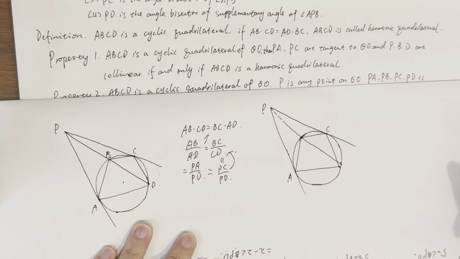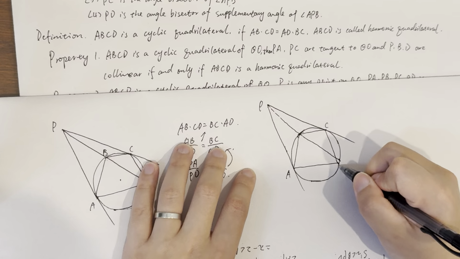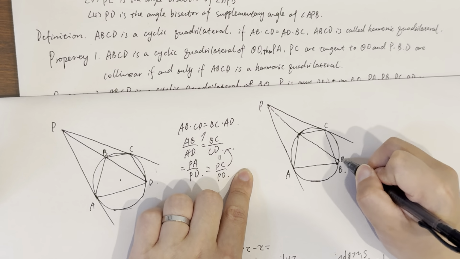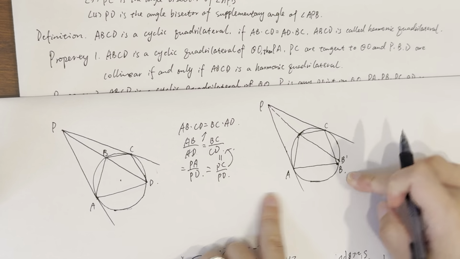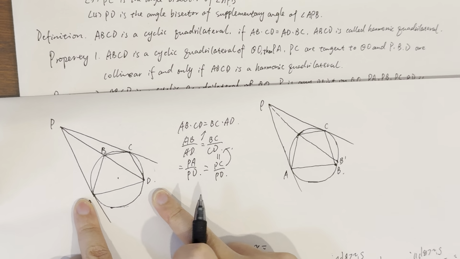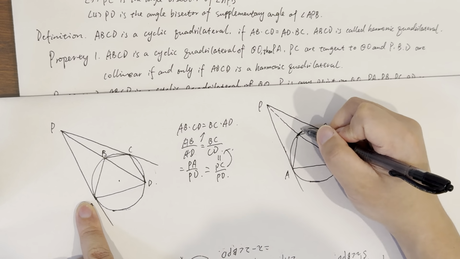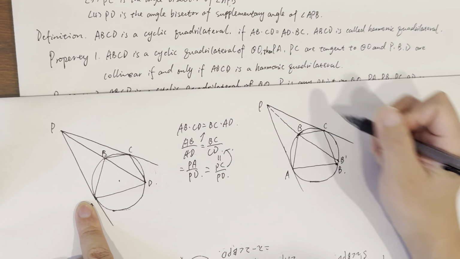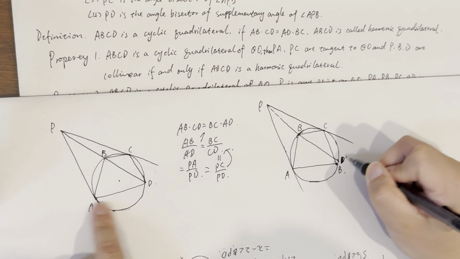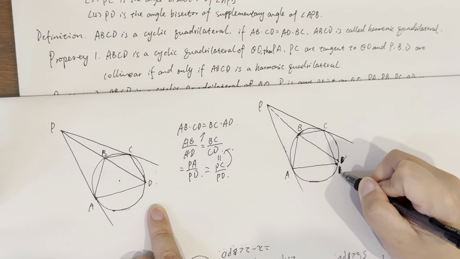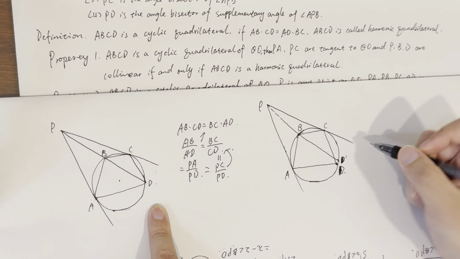So we call this B, this B prime. Based on the first one, we know that if we connect, actually let's call this one B, this one is D. So we fix this. So D is here, D prime is here.